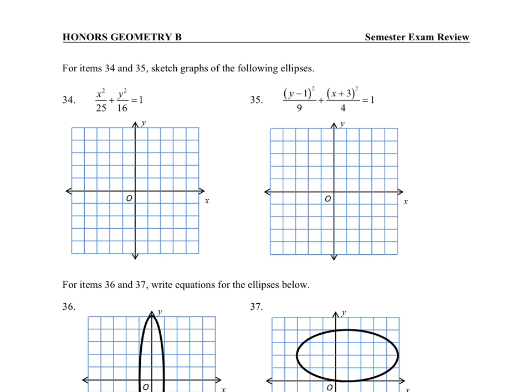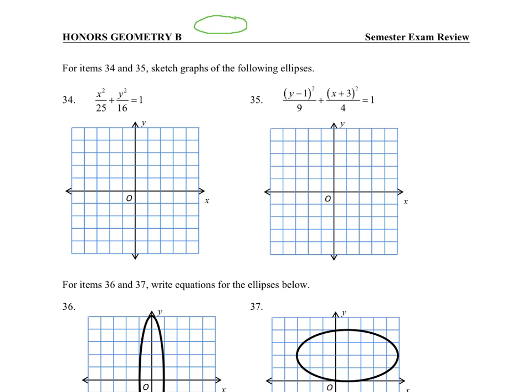For items 34 and 35, sketch graphs of the following ellipses. So for 34, we're given x squared over 25 plus y squared over 16 equals 1. If you remember, and the formula is given on the formula sheet, we've got two different types of ellipses.